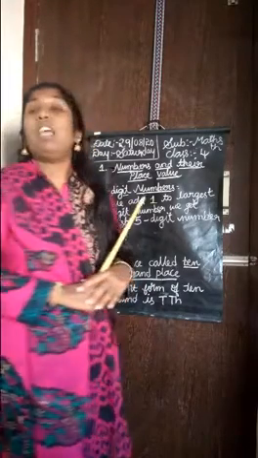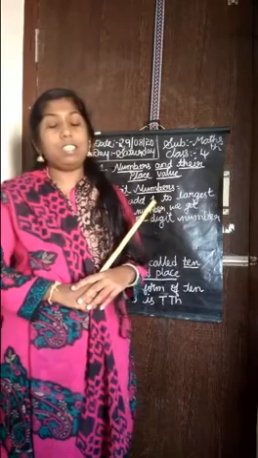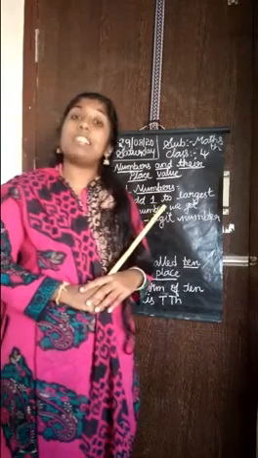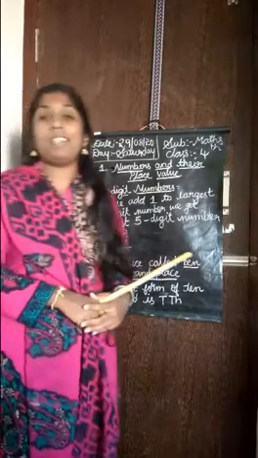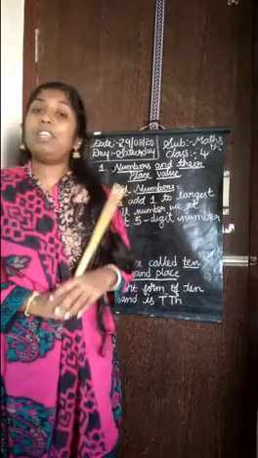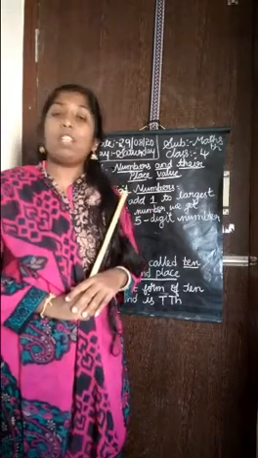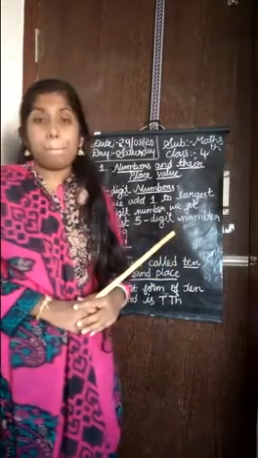In the same way, if we add 1 to the largest 4-digit number, we get the smallest 5-digit number. What is the smallest 5-digit number? 10,000. Here, another new place is there. What is the place called? The place is ten thousands place.